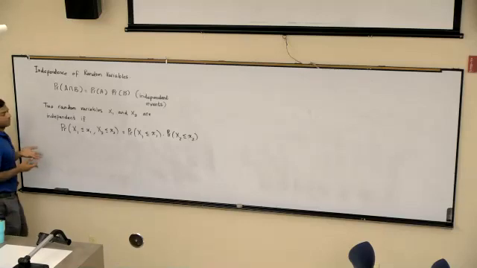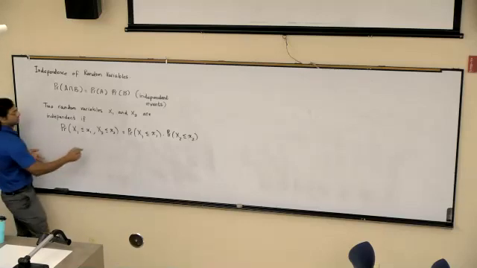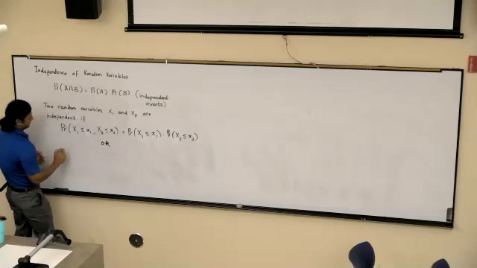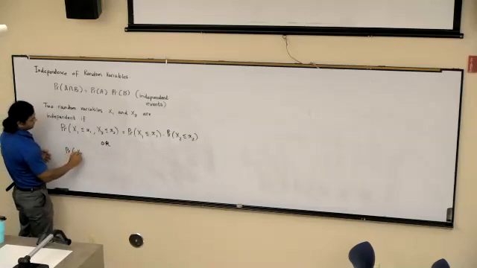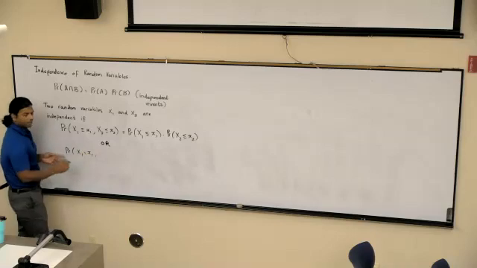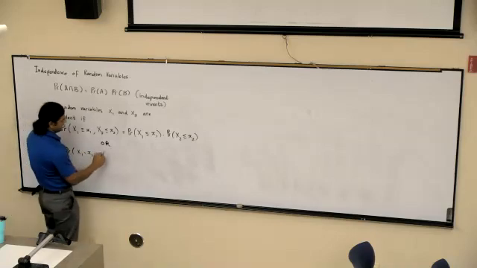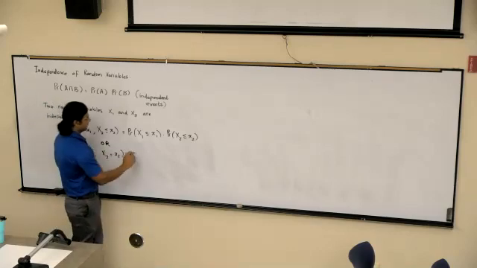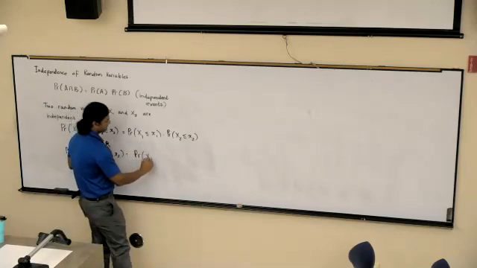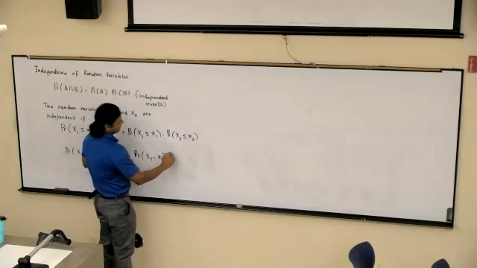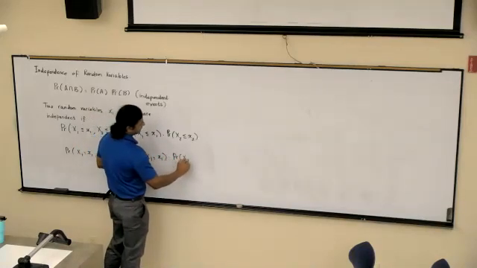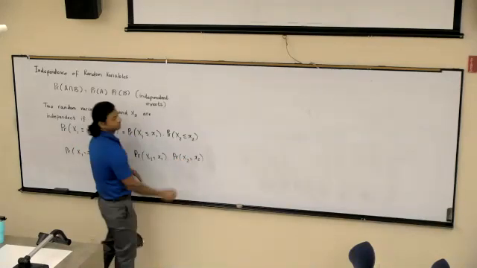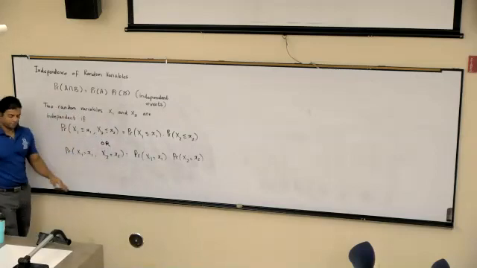We could say the probability of X1 equals little x1, X2 equals little x2 is simply equal to the probability of X1 equals x1 times the probability of X2 equals x2. But both of them are valid.